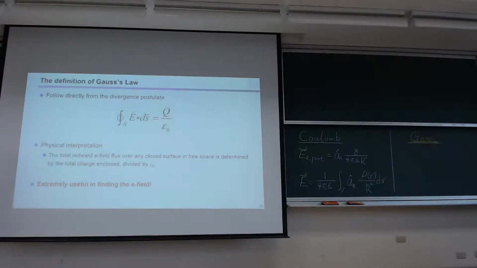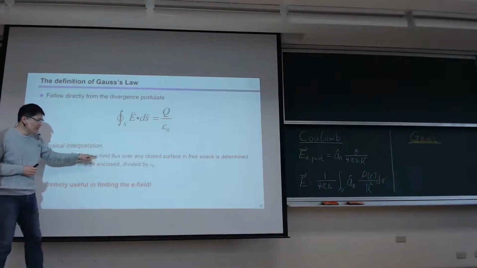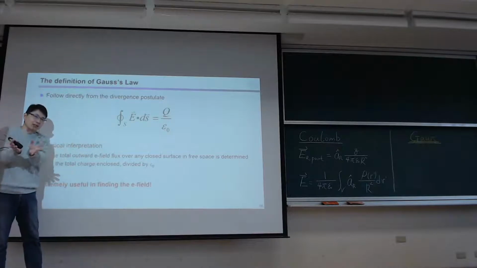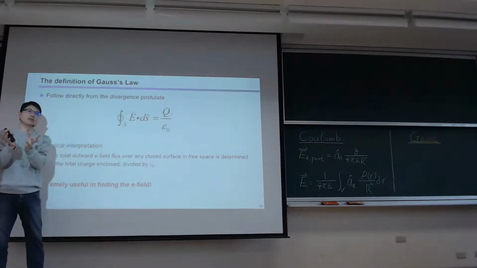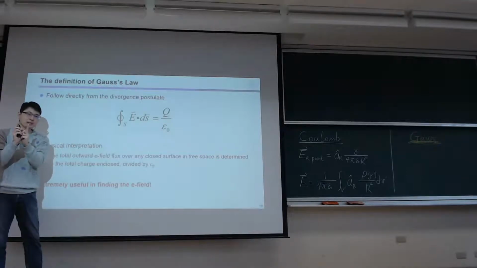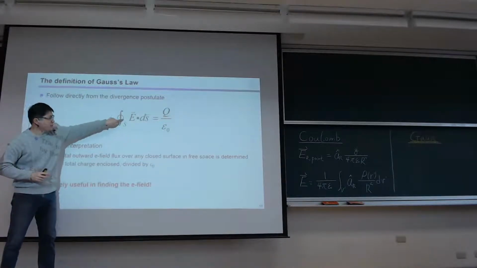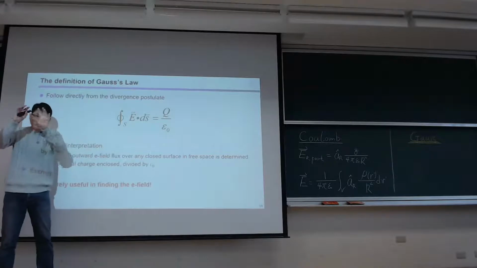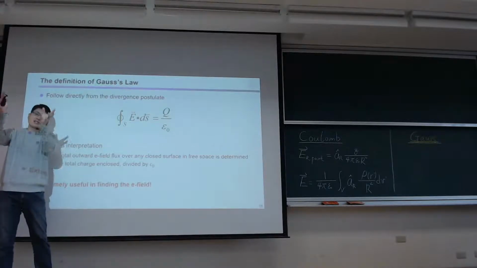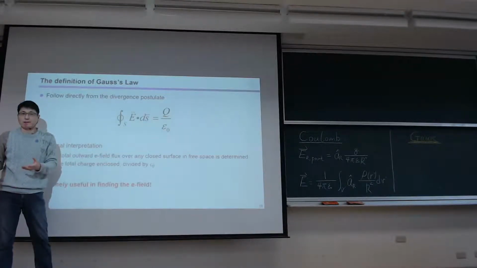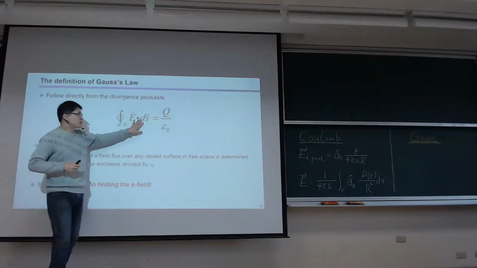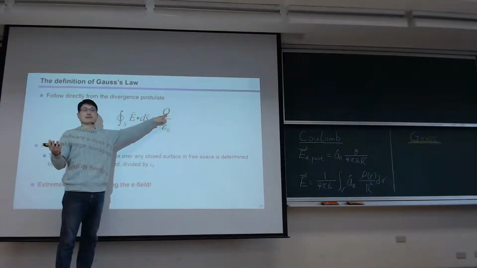So the physical interpretation is the total outward E field flux over any closed surface. You have to have a closed surface. That's the main point. The surface has to be closed. Remember, this surface integration has a circle. And within this closed surface, you might have lots and lots of charges. Gauss does not really care about how these charges are distributed. He only cares about how much you have.